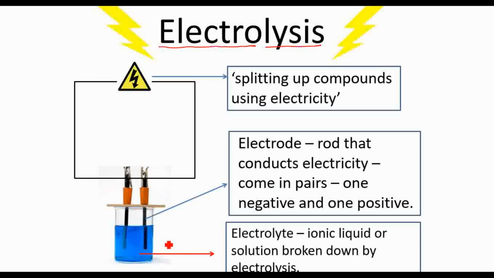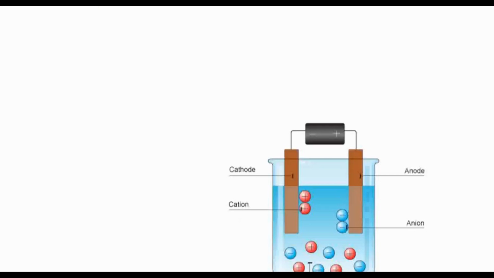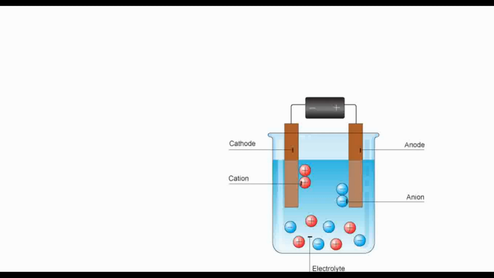The electrolyte is the liquid solution that is being broken down by the electricity, and in this case our electrolyte is copper sulfate, that blue solution. Now in electrolysis you must have a power pack, okay, or some sort of battery or source of electricity.